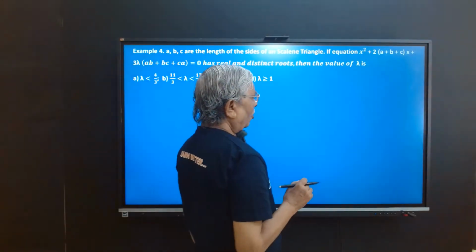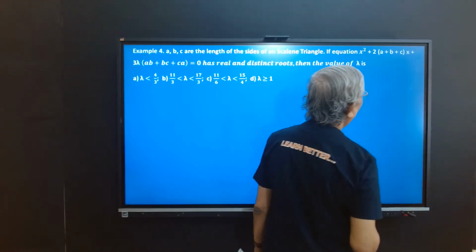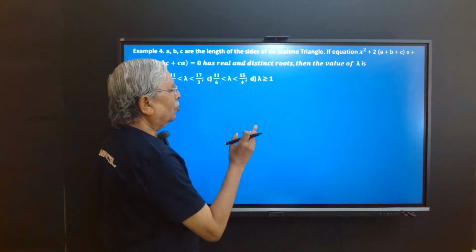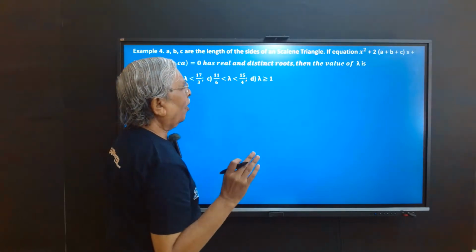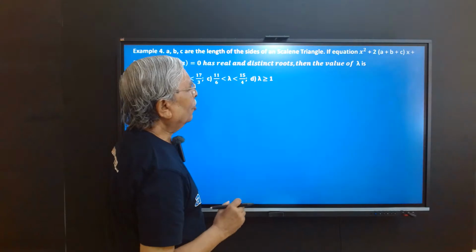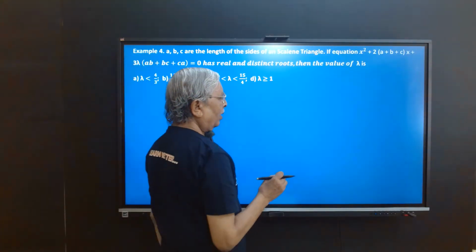Now, one more example I am giving you for your home task. That means after these problems, I am giving you only one problem for quadratic equation. You try to solve it. It's a very interesting problem.